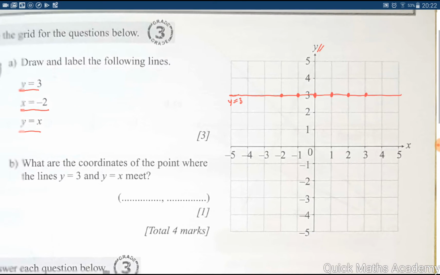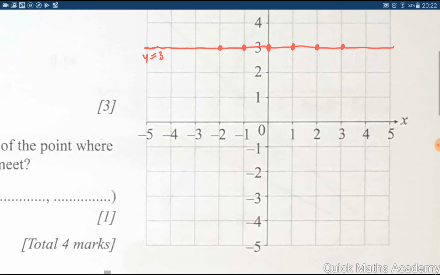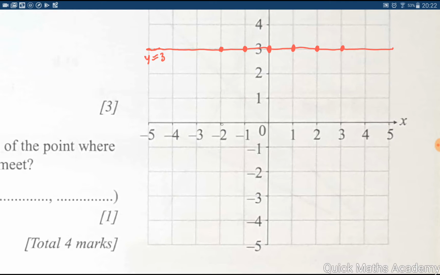We can project that train of thought in x equals -2. Okay, if I look at here, I have the point -2, 0. I have the point -2, 1, -2, 2.